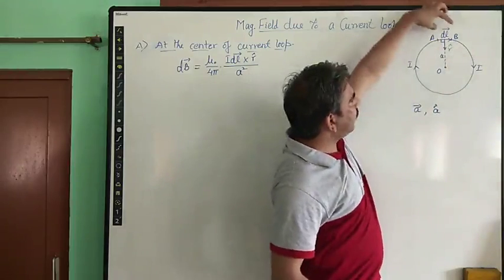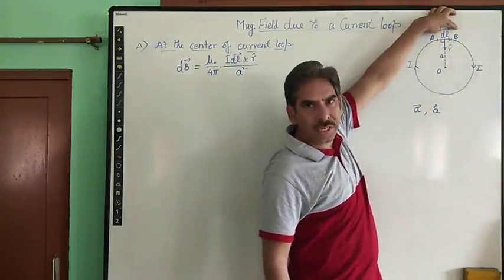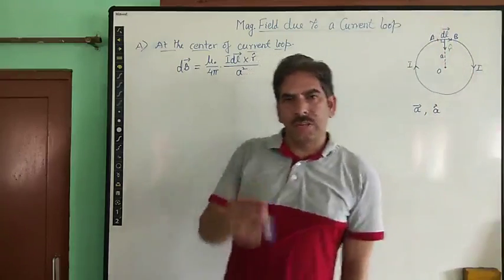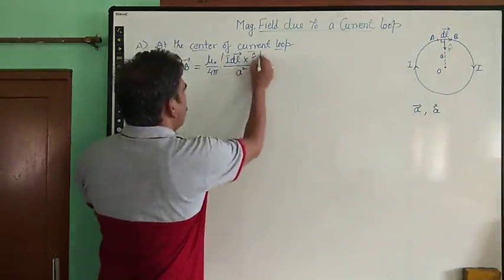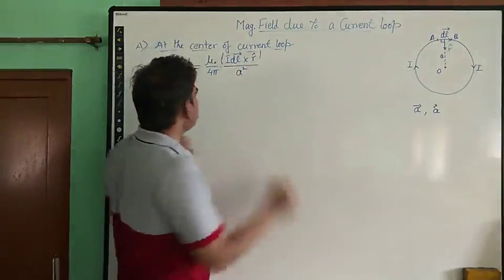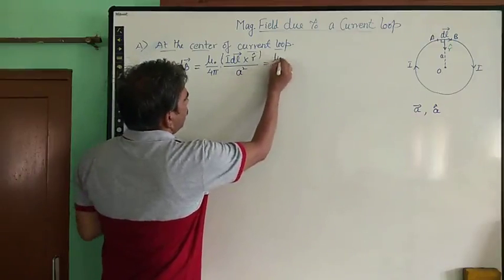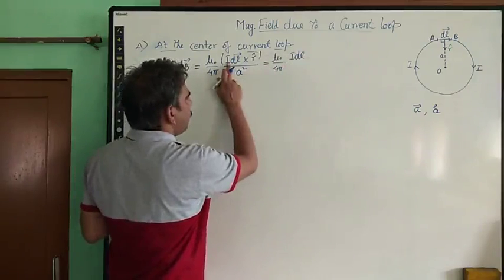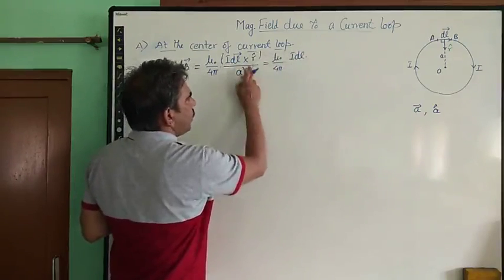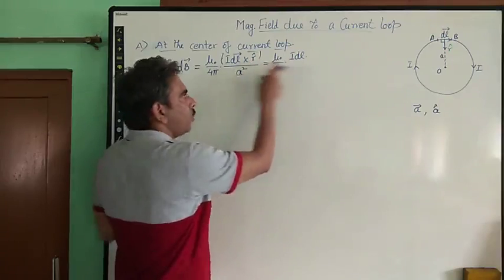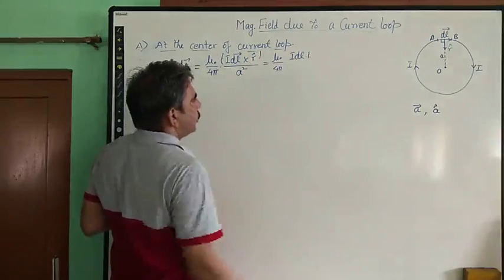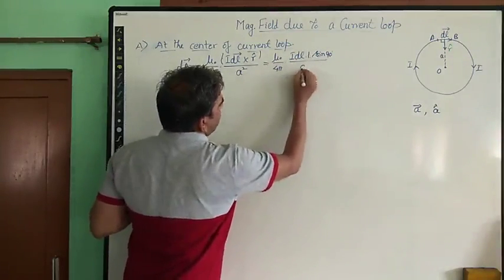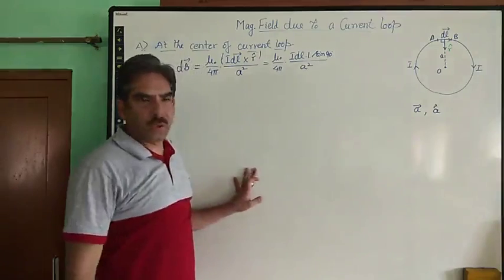That means the angle between the vector along dl and this unit vector is 90 degrees. So when we write the magnitude of this vector product, it is mu naught upon 4 pi into I dl, the magnitude of the first vector, into the magnitude of the second vector, which is a unit vector, so the magnitude is 1, into sine of the angle between these two, which is 90 degrees, divided by a squared. So sine 90 remains 1.